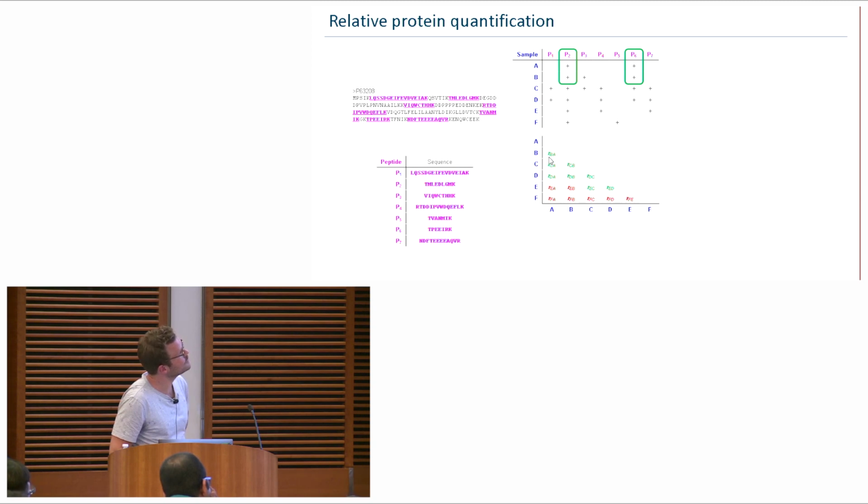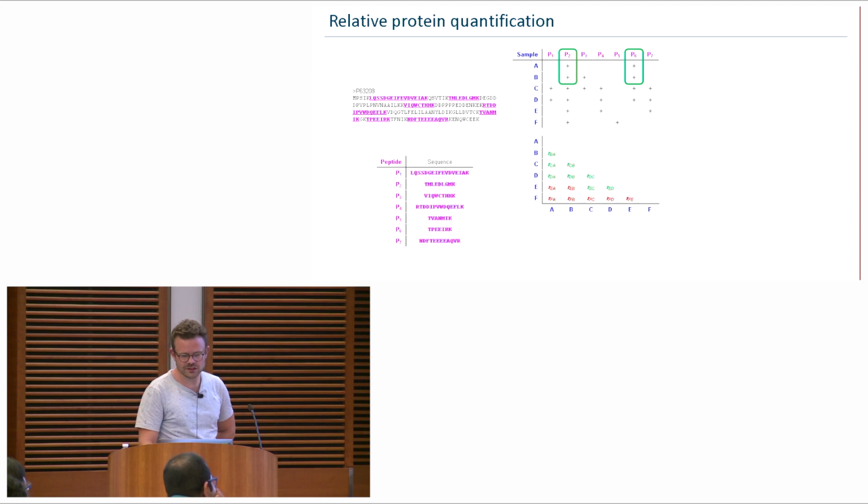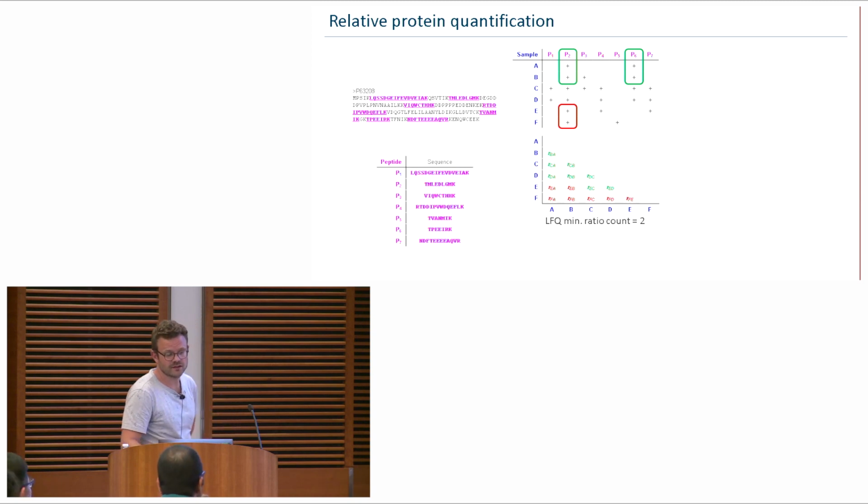For example, ratio AB is the median of the ratios between A and B for peptide P and for peptide P6, which are both present in both samples. And doing this, all the ratios between the samples can be calculated if there is enough data to do that, right? There is a threshold which is called the LFQ minimum ratio count.